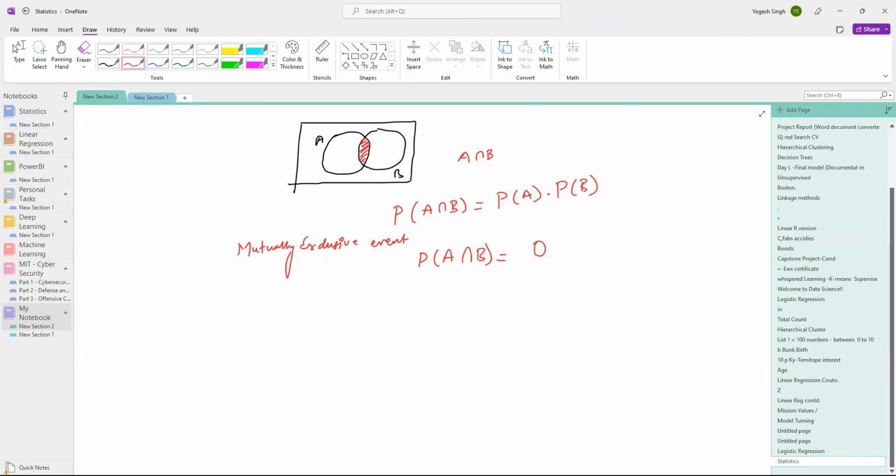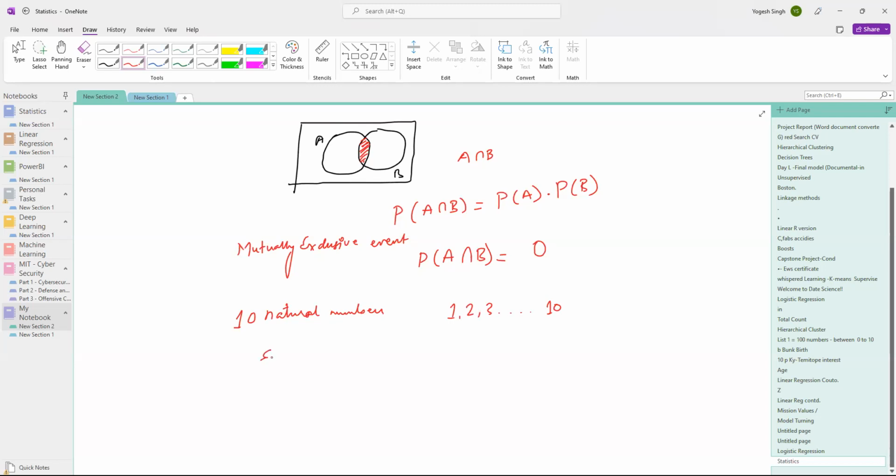Now, let us take a situation where I have 10 natural numbers. Natural numbers are 1, 2, 3 till 10.